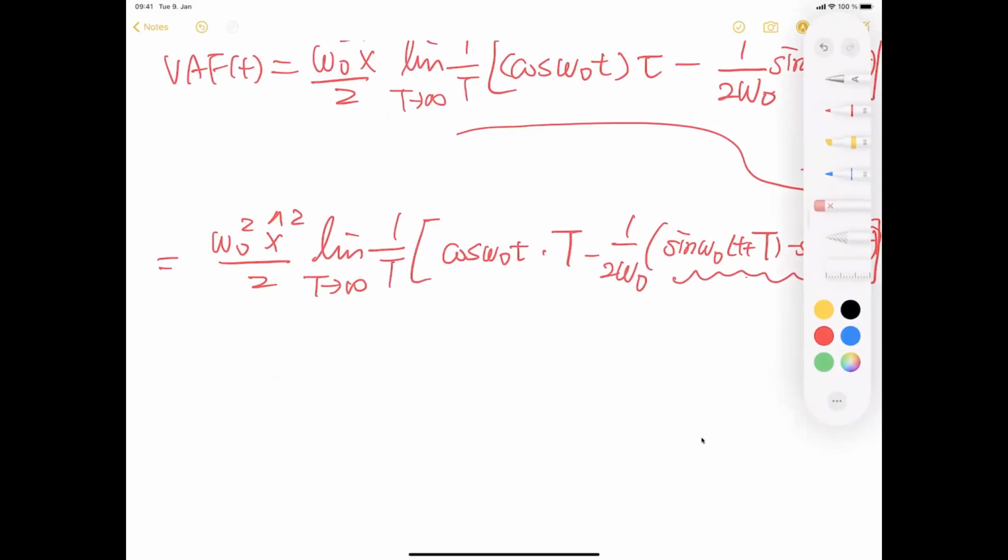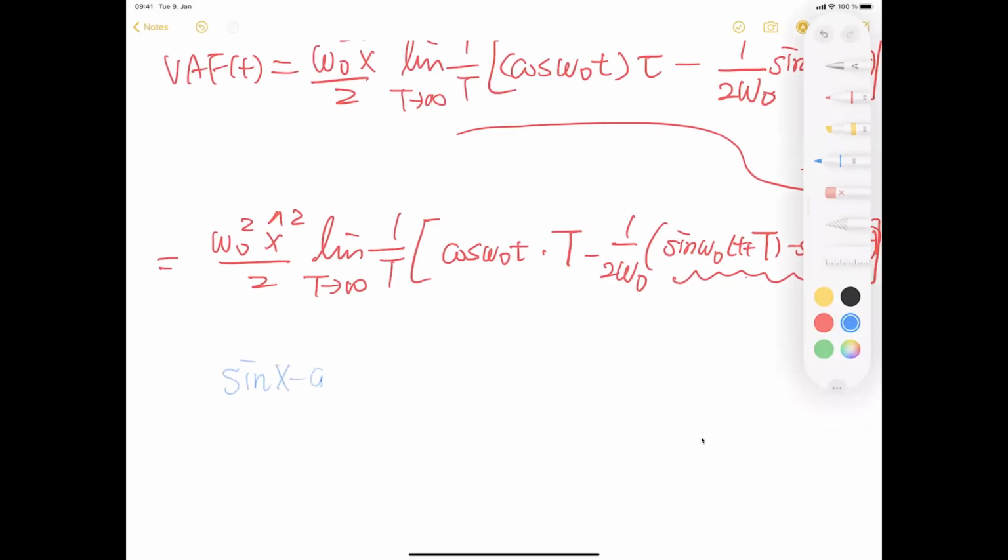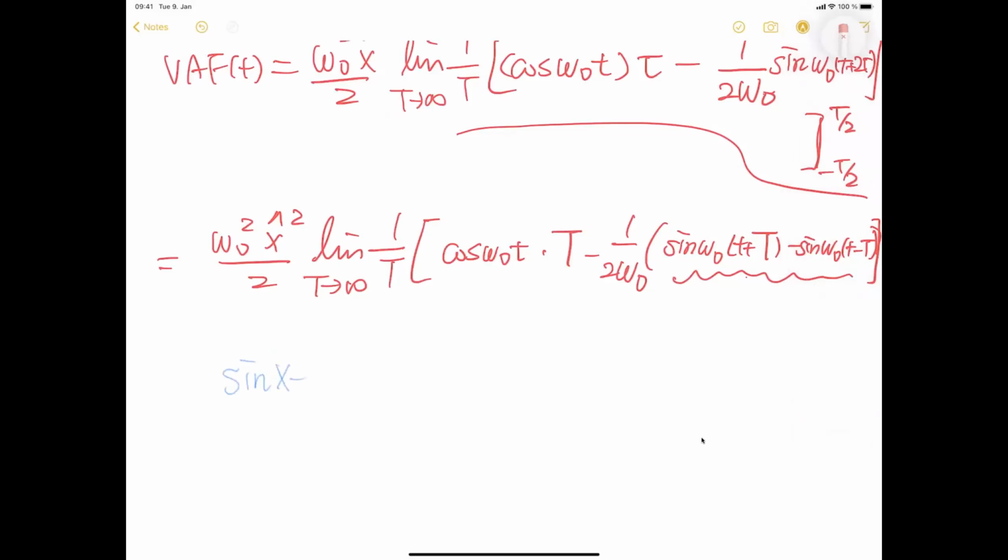So actually sine x minus sine y is equal to 2 times cosine (x plus y) over 2 times sine (x minus y) over 2.